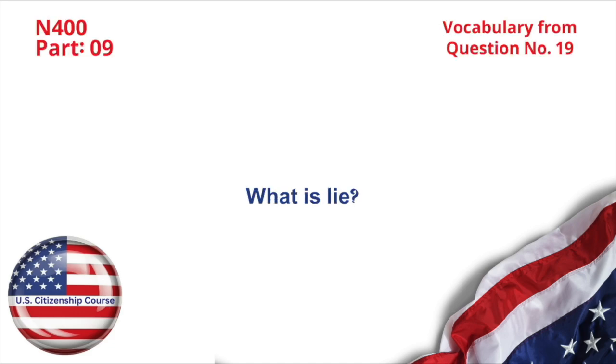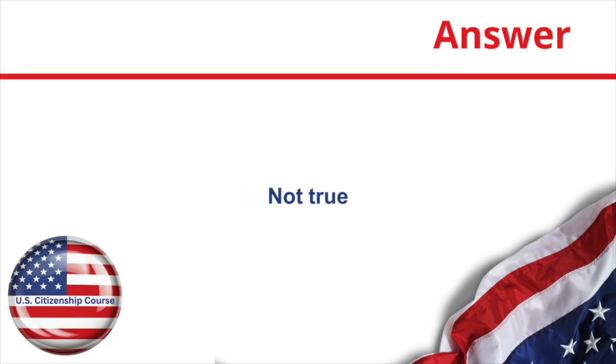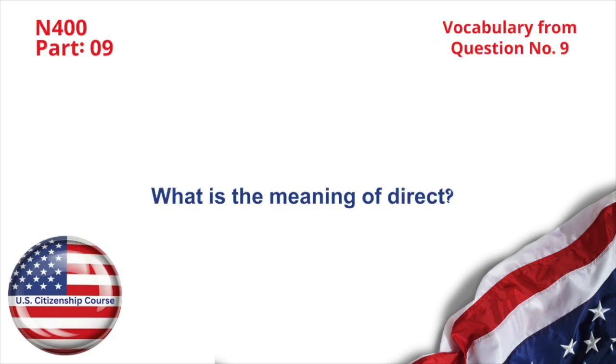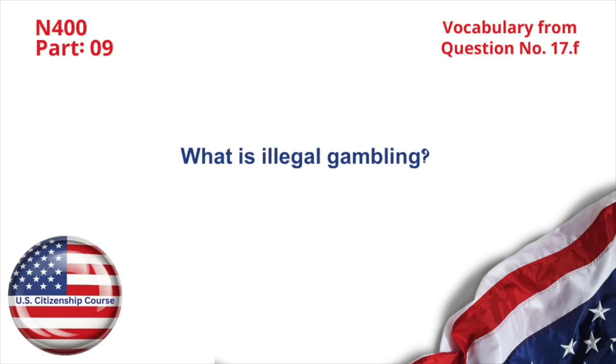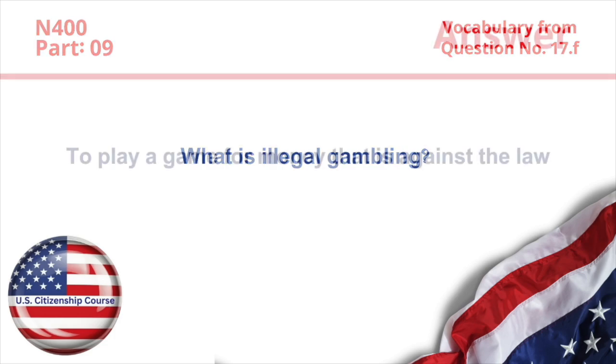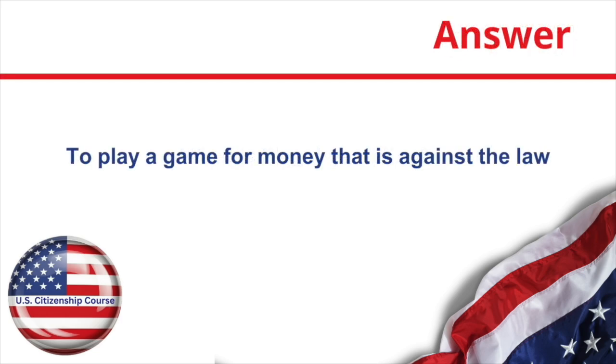What is lie? Not true. What is the meaning of direct? To be in charge. What is illegal gambling? To play a game for money that is against the law.